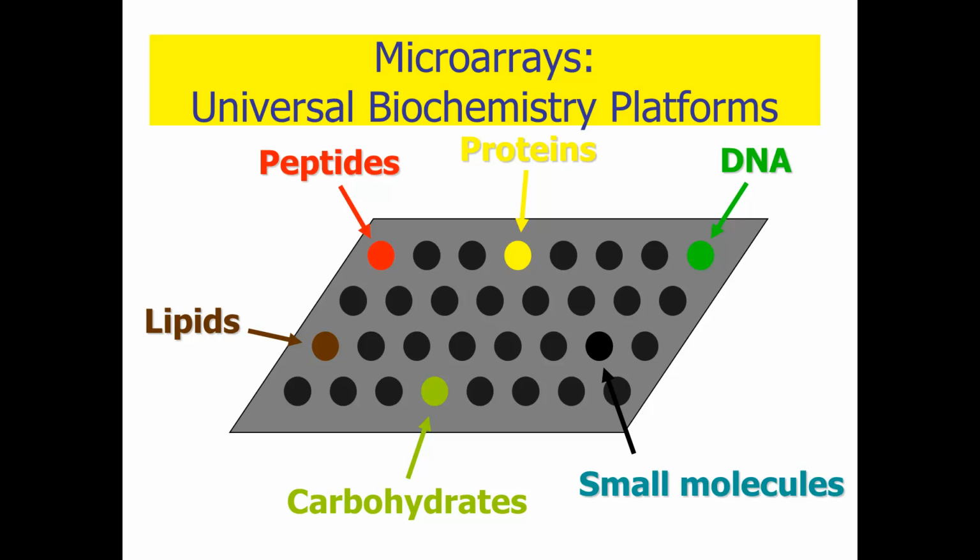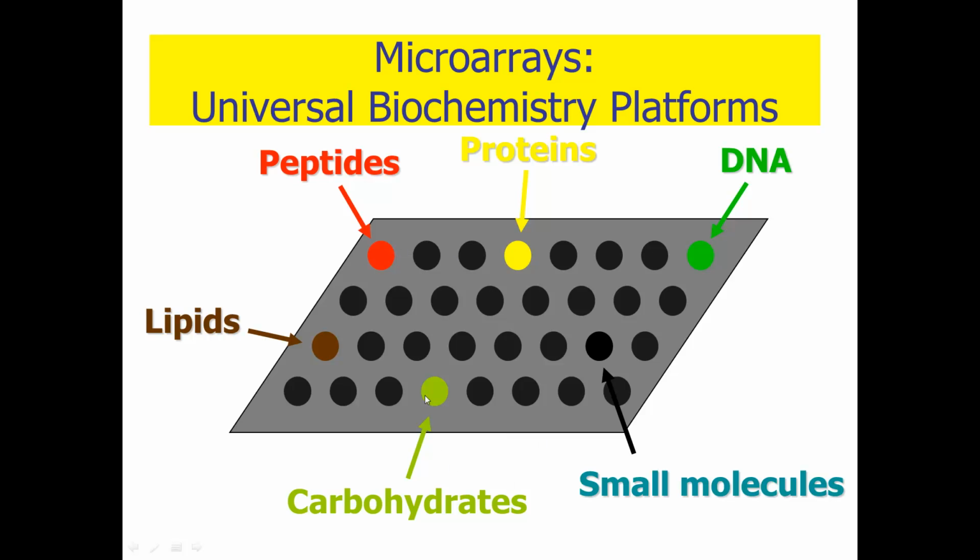So they've taken proteins, for example, and then they put antibodies on the array, and then they purify the proteins from the tumor cell line and from the normal cell line, and then identify which proteins are different in which tissues. They can put peptides down and then see which peptides, which proteins in the tumor line bind to the peptides.